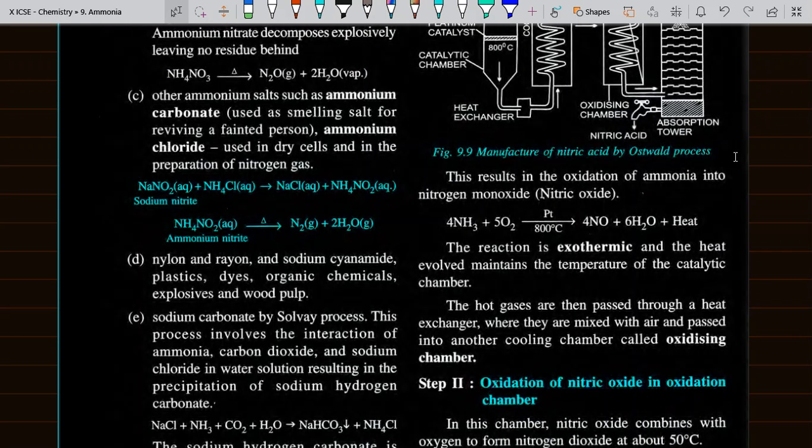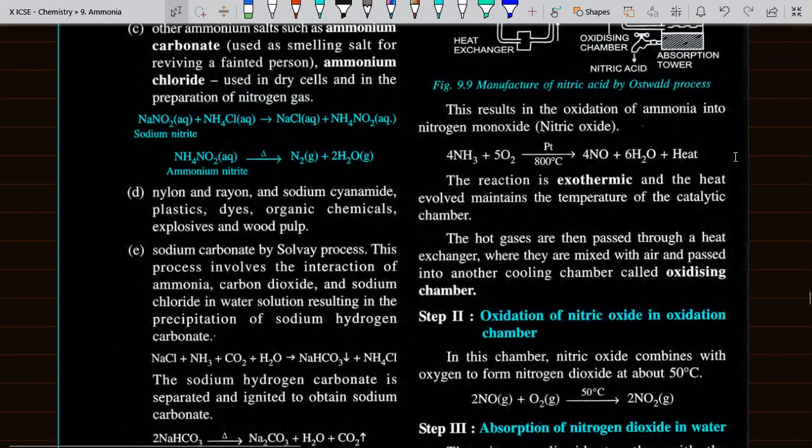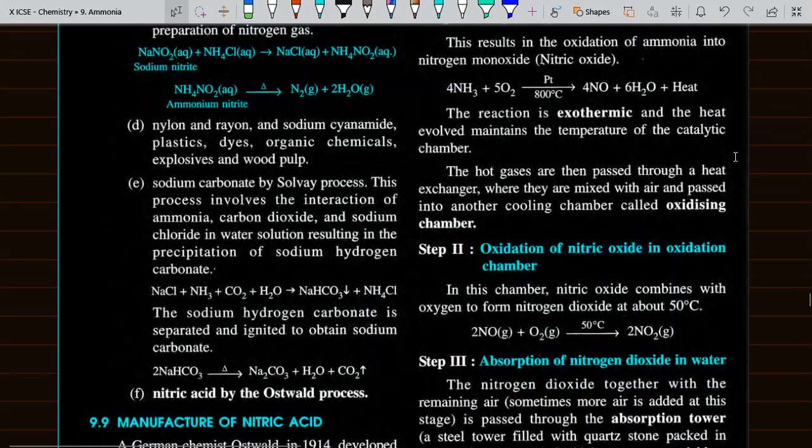Ammonium chloride is used in dry cells and in the preparation of nitrogen gas. Nylon and rayon and sodium cyanamide, plastics, dyes, organic chemicals, explosives, and wood pulps are prepared by ammonia. Sodium carbonate by Solvay process. This process involves the interaction of ammonia, carbon dioxide, and sodium chloride in water solution, resulting in the precipitation of sodium hydrogen carbonate.